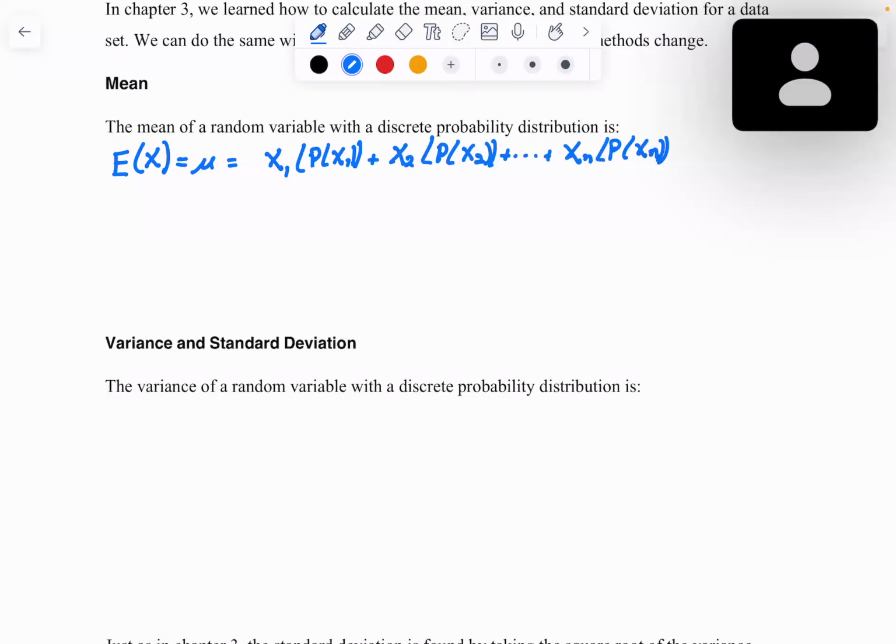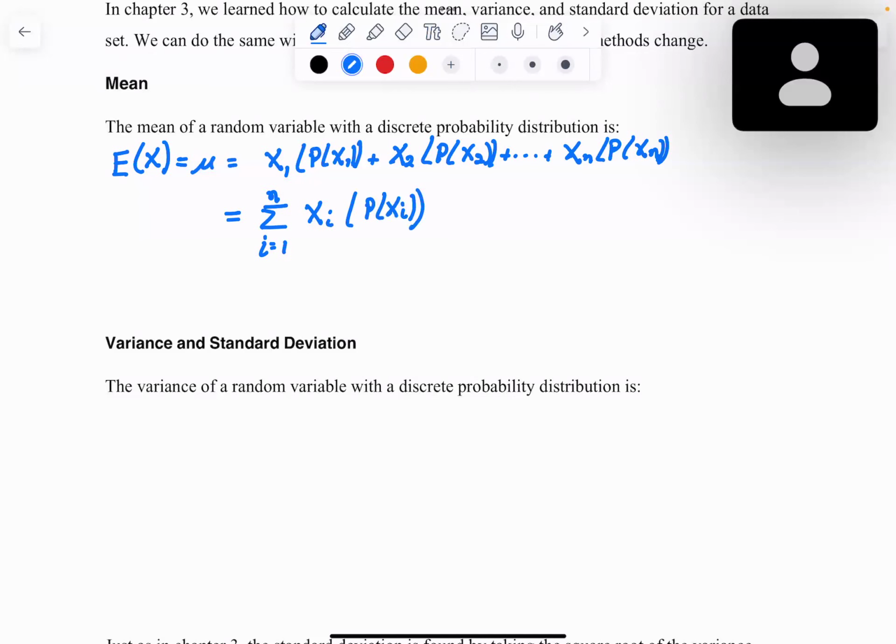If I write this shorthand with a sum, it looks like this. The expected value of x is equal to the sum from i equals 1 to n of xi times the probability of each xi.